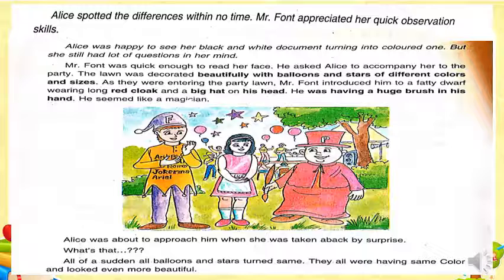He had a huge brush in his hand. He seemed like a magician. Eliza was about to approach him when she was taken aback by surprise. What's that? All of a sudden all balloons and stars turned the same. They all had the same color and looked even more beautiful.